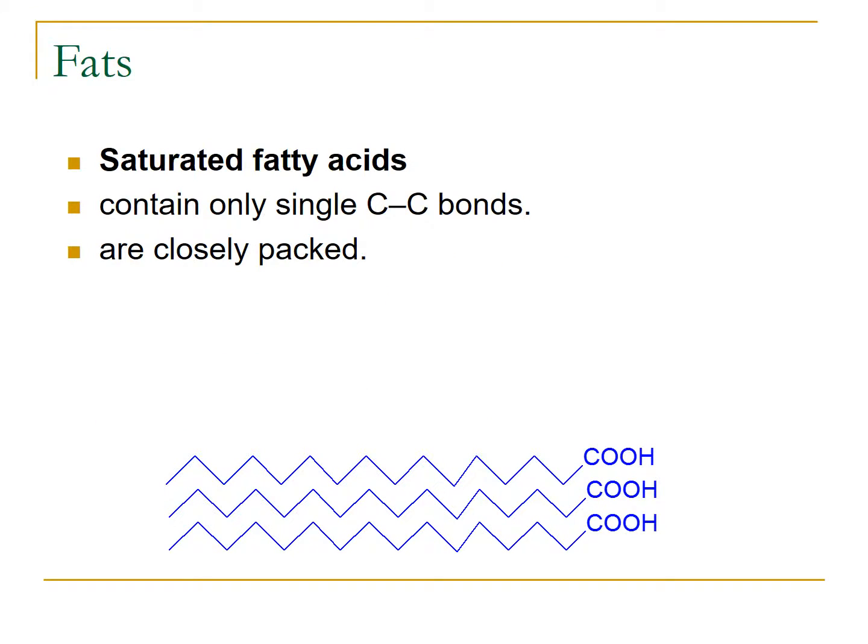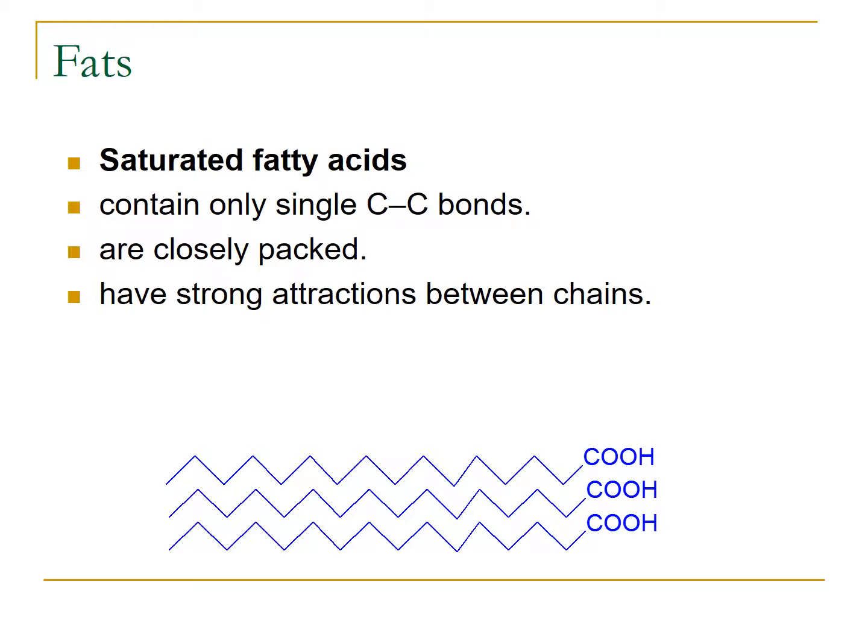The problem with saturated fats is when they contain only carbon-carbon single bonds, the flexibility of those long chain hydrocarbons allows them to fit closely together. They can mold themselves to the shape of the neighboring fatty acid molecules, and because they can get a lot of closeness and pack closely together, it will cause stronger attractions between those chains.